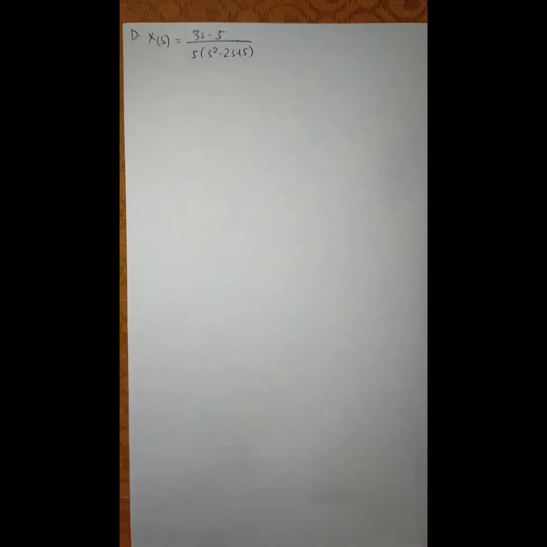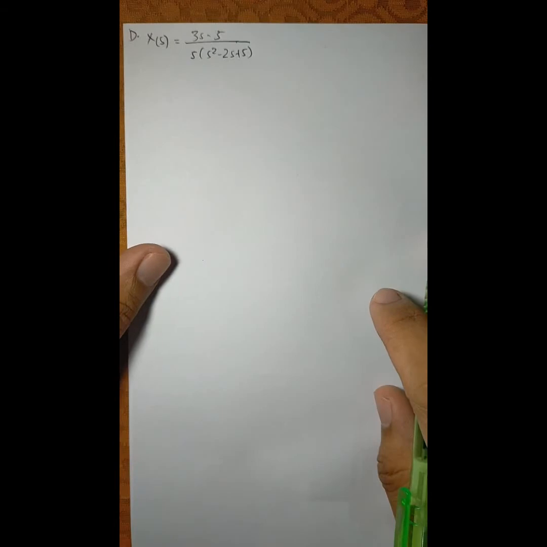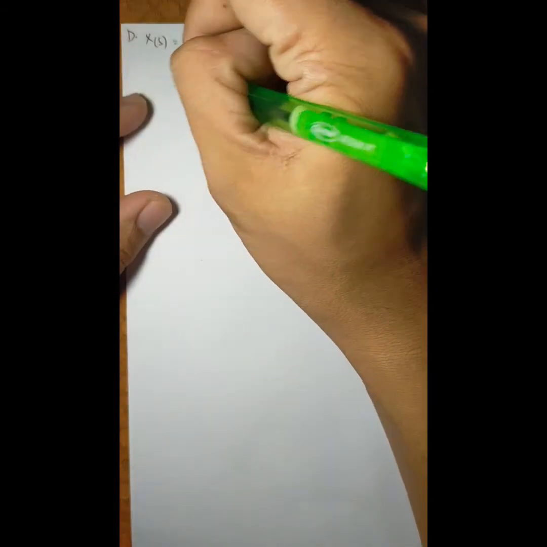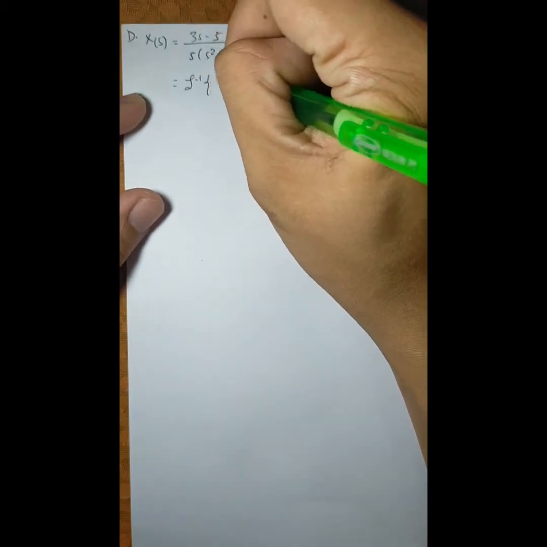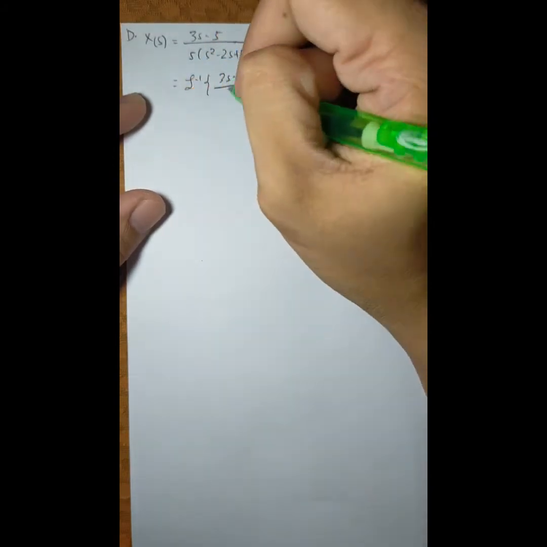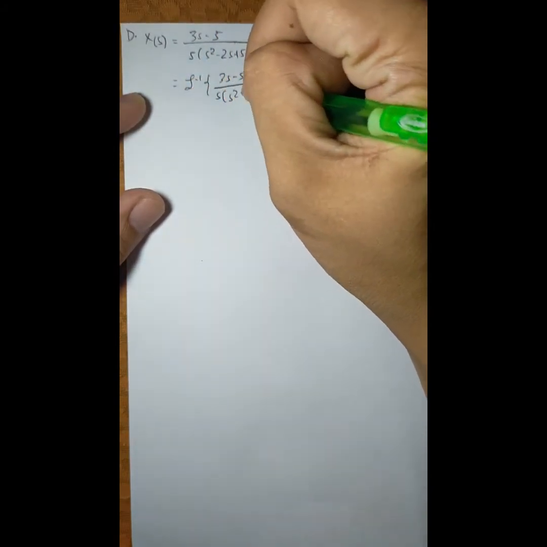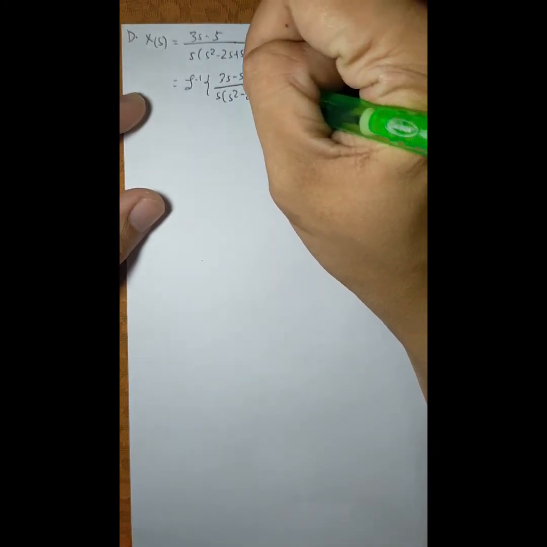For our letter D problem, we have X of s equal to 3s minus 5 all over s times s squared minus 2s plus 5. So we have the inverse Laplace transformation of 3s minus 5 all over s times s squared minus 2s plus 5.